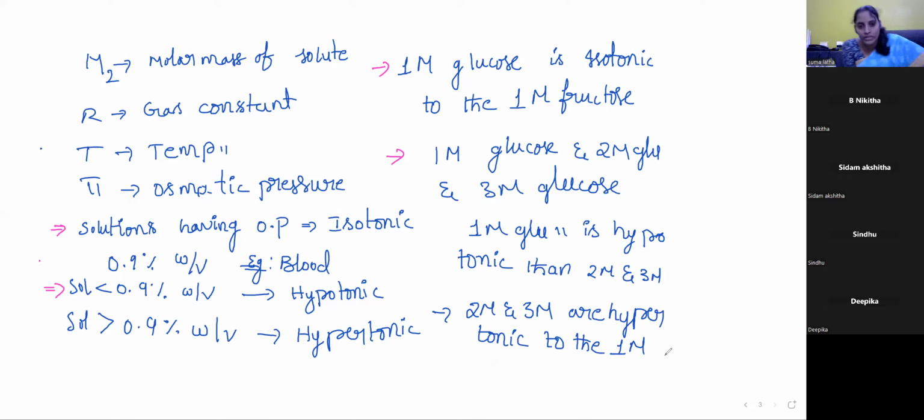And a few examples we can see about the osmosis process. If you keep mango pieces in a brine solution, what is brine solution? It is nothing but NaCl solution. If you keep mango pieces in NaCl solution, what will happen?